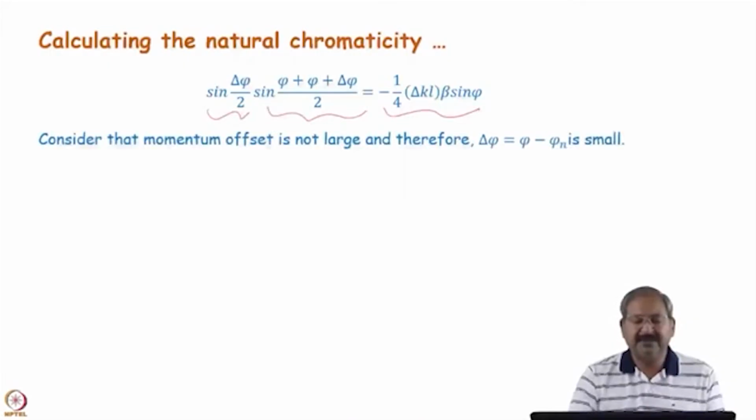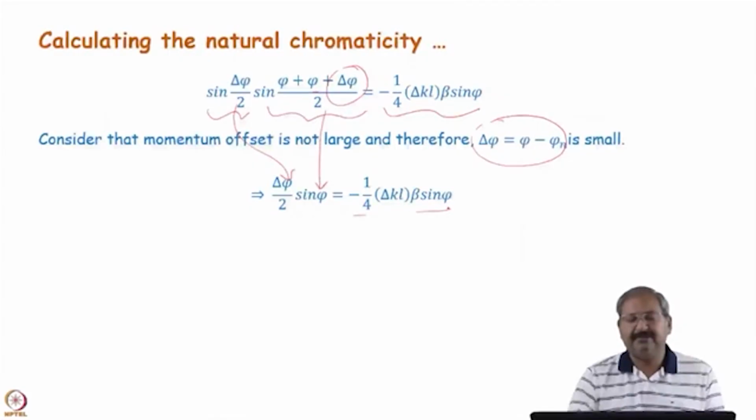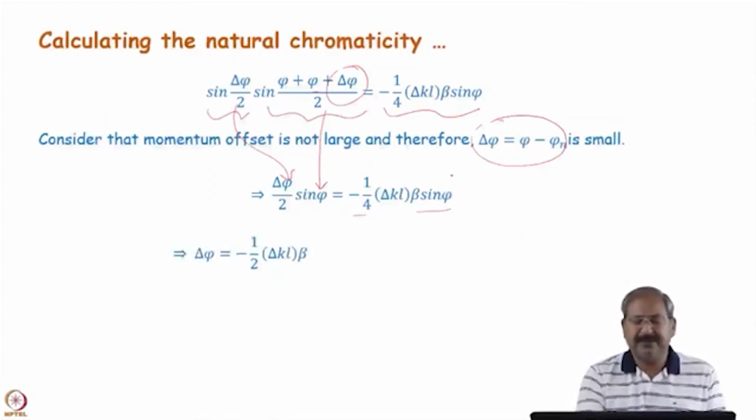Now using the approximation that delta phi, that is phi n minus phi, is small, sin of delta phi by 2 can be approximated as delta phi by 2. And here we can neglect delta phi in comparison to 2 phi. So 2 phi by 2 will be sin phi, and this will be the RHS. So now sin phi and sin phi cancel out, and you have delta phi equal to minus half delta KL beta.